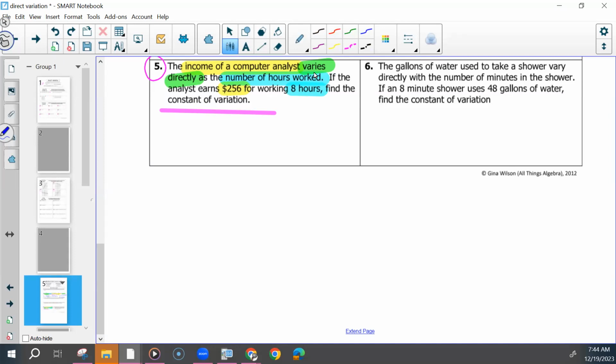So how would we find the constant of variation? Find the k value. How would we do that? 256 divided by 8, because the income is y and the hours is x. This would be dollars per hour. $32 per hour.